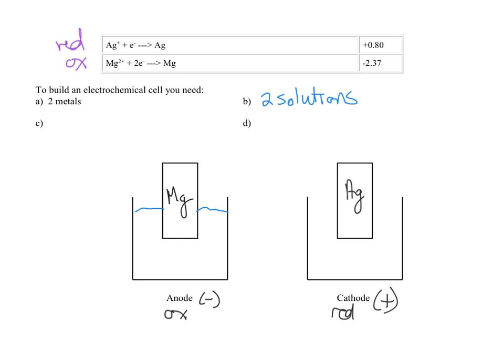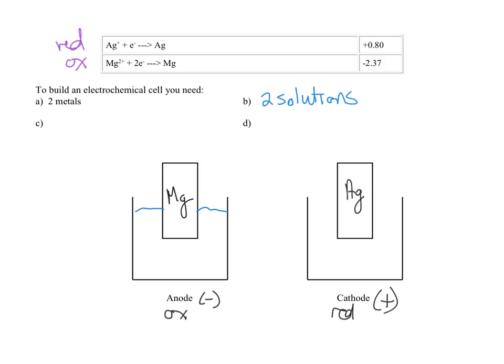You put it in there. Usually, however, we use nitrate solutions because nitrates are always soluble. They will never precipitate, so they'll never react with something to form a precipitate and interfere in your reaction. And so we usually use nitrates. And so in this case, we'd use magnesium nitrate.